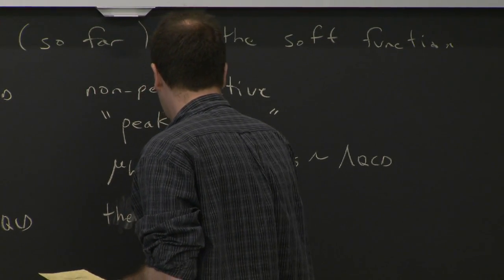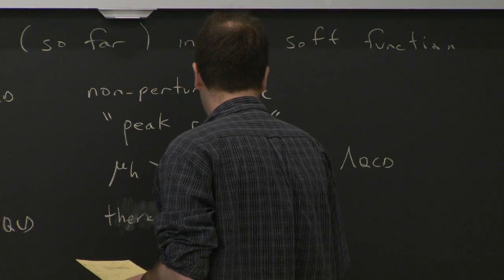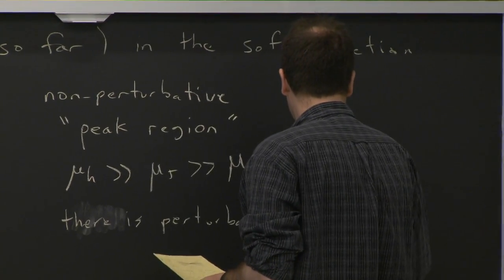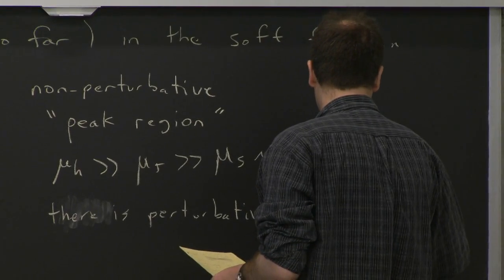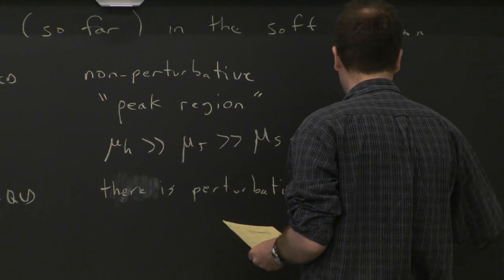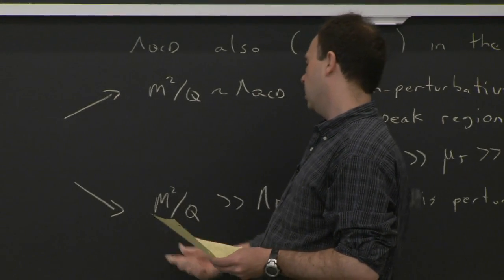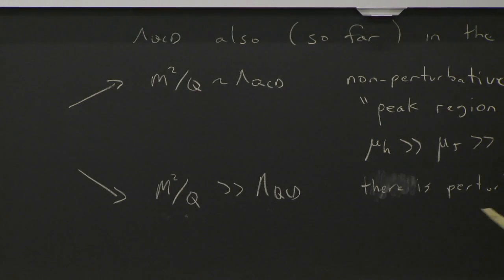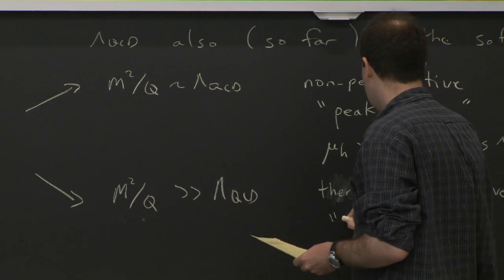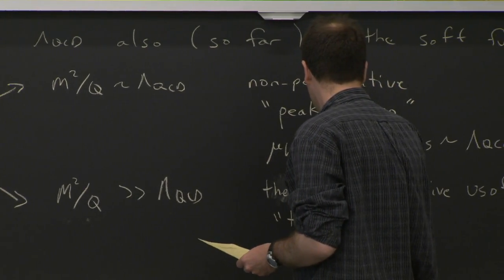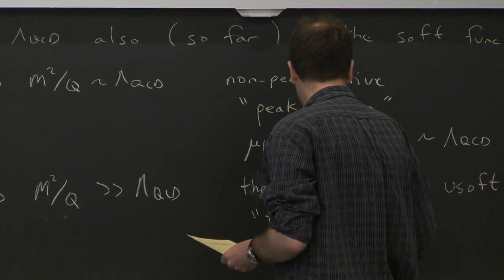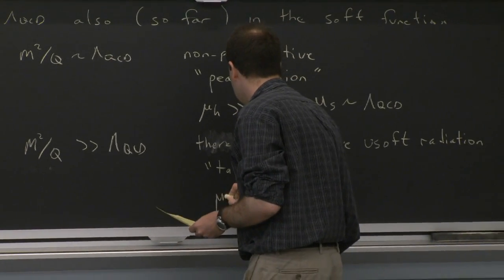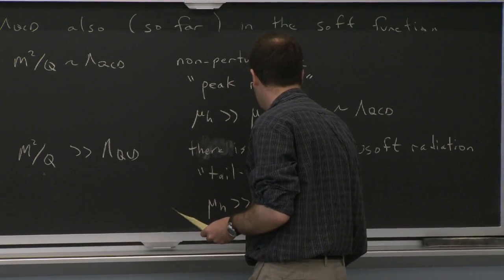Here there is perturbative ultrasoft radiation. So you can just calculate it order by order in the Ultrasoft scale, which is perturbative because it's much bigger than lambda QCD. This is what's called the tail region. And the analog of this statement here is that we have a hierarchy between everybody.